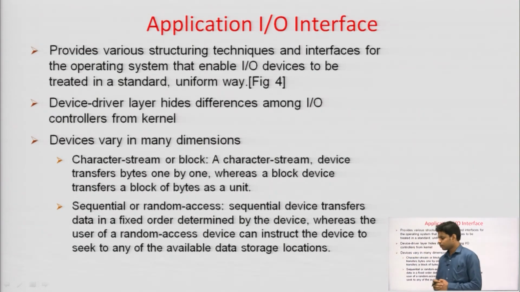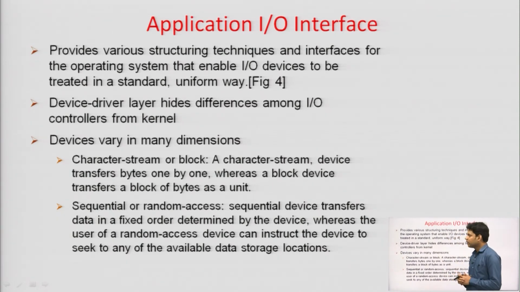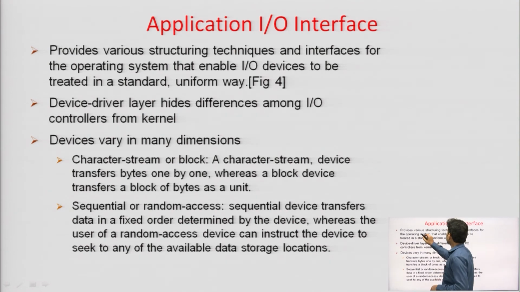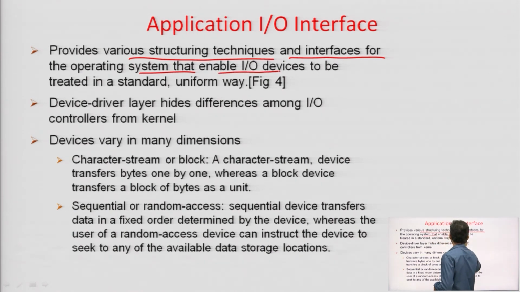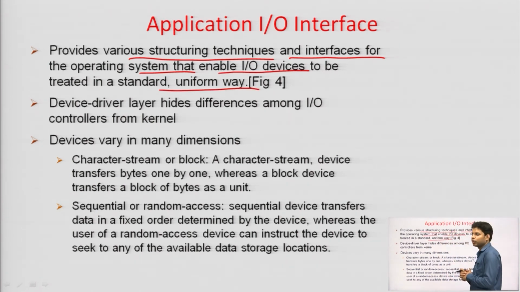Now let's see some of the application I/O interfaces. These provide various structuring techniques and interfaces for the operating system that enable I/O devices to be treated in a standard uniform way. This will become clearer when we see figure number 4, but let's see some points here.